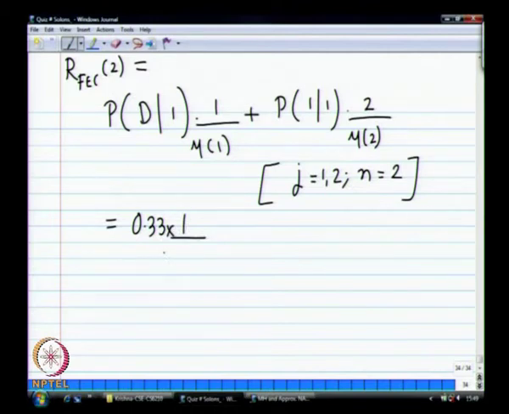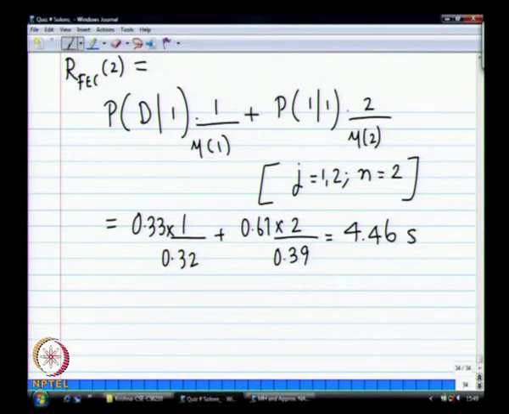So this is 0.33, this is 0.32, this was 0.67 into 2 divided by 0.39, right. So now your new R value gets to be 4.46 seconds. It is kind of repetitive after a while, but that is the basic idea. It helps you find what you are looking for if you have such a system.